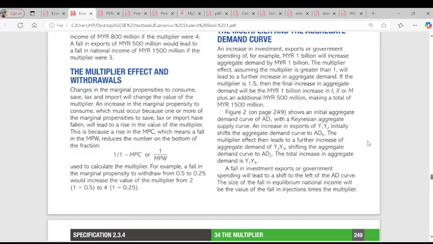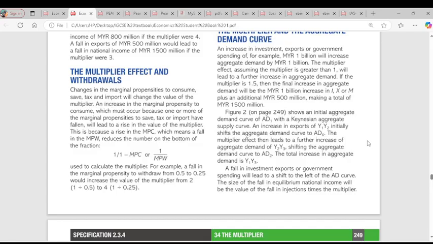As soon as there's an increase in injection, there will be an increase in the multiplier effect. So an increase in government spending, export, and investment will increase the national income, and if the national income of an economy increases, the multiplier effect will increase. You get it? That will shift the aggregate demand curve rightward from AD1 to AD2.